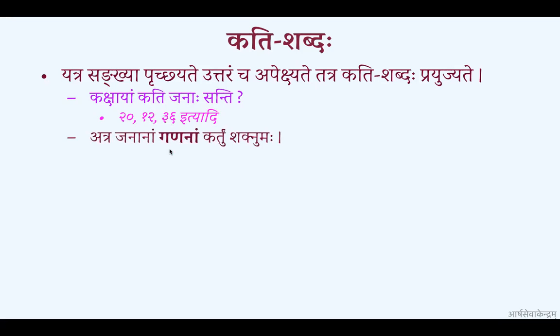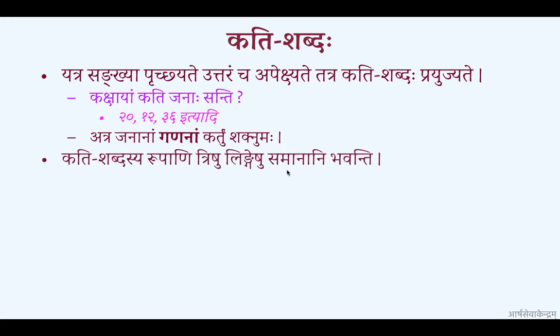So atra jananam gananam kartum shaknumaha. We are able to count the number of people in the class. Where we can do a count, where it is possible to do ganana. Ganana means counting. Where counting is possible, then kati is used.